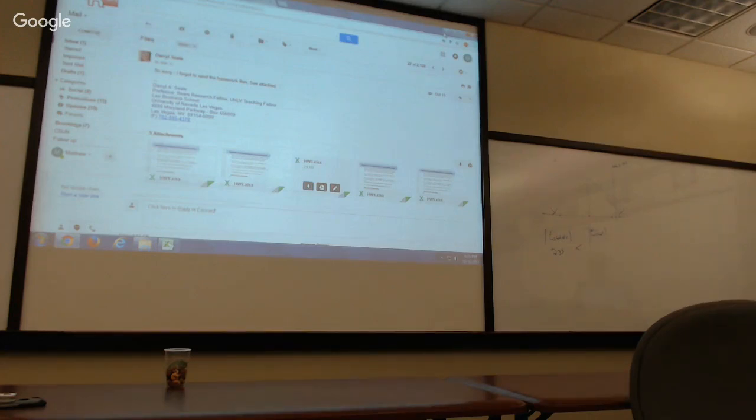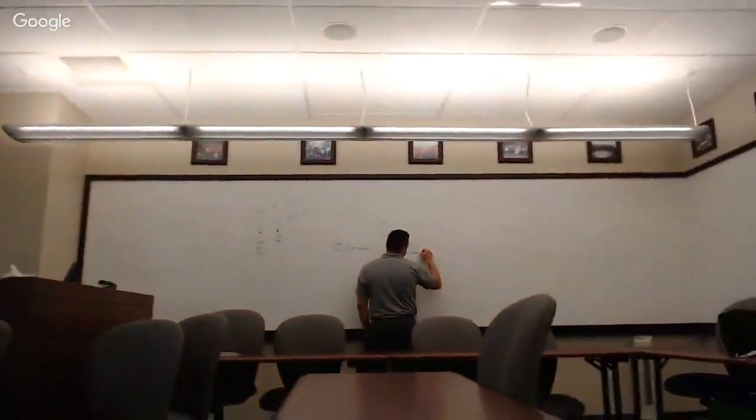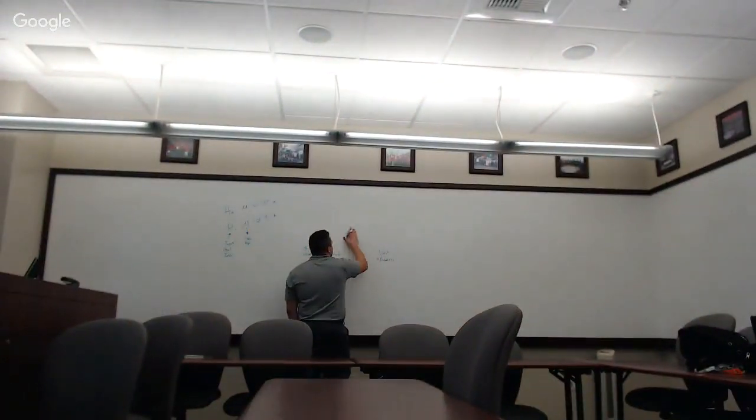If we're given a value, and that value can be a z-value, a dollar value, pounds, ounces, et cetera, and we want a probability, then we're going to be using norm.s.dist or norm.dist.